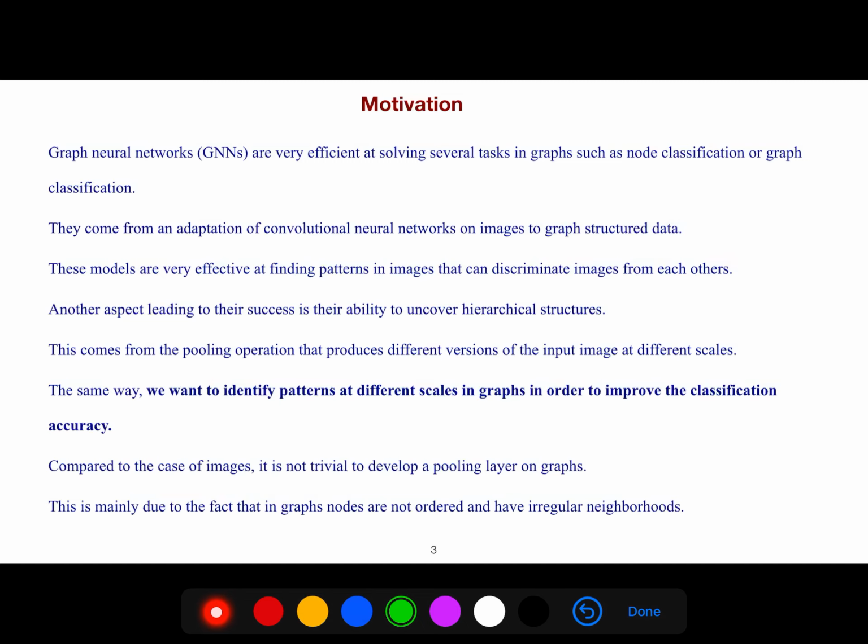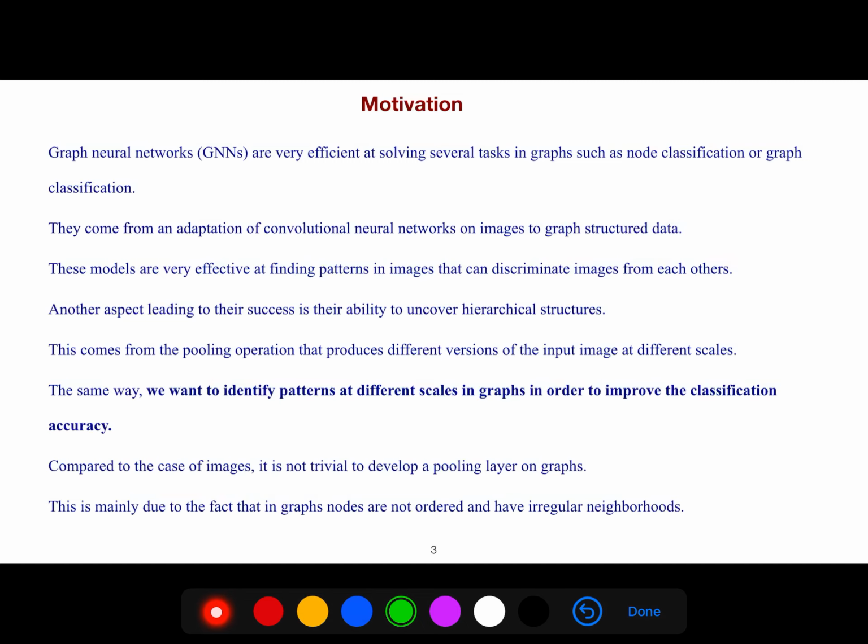Another aspect leading to their success is their ability to uncover hierarchical structures. This comes from the pooling operation that produces different versions of the input image at different scales. In the same way, we want to identify patterns at different scales in graphs in order to improve the classification accuracy.